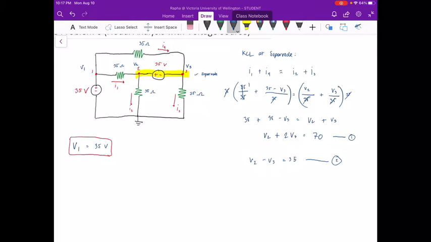So just to isolate, V2 is equal to 35 plus V3, and I'm gonna substitute this into equation 1. We have 35 plus V3 plus 2V3 is equal to 70.